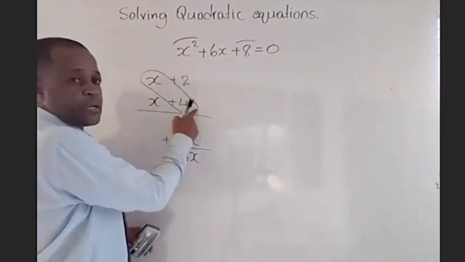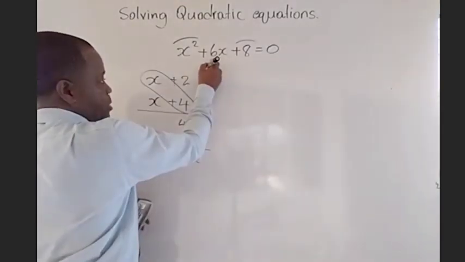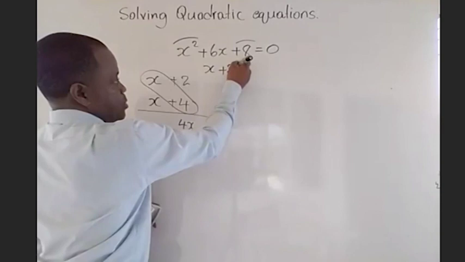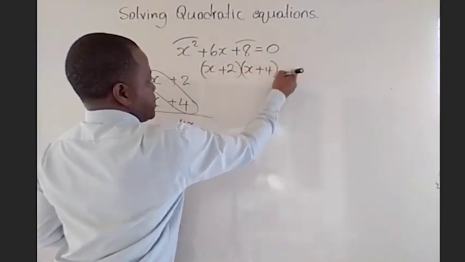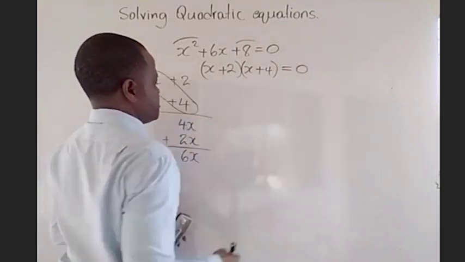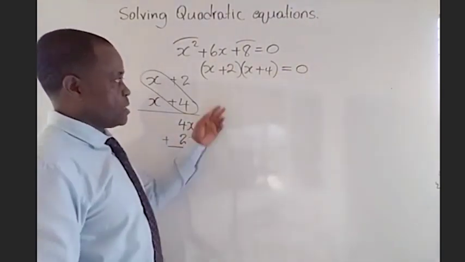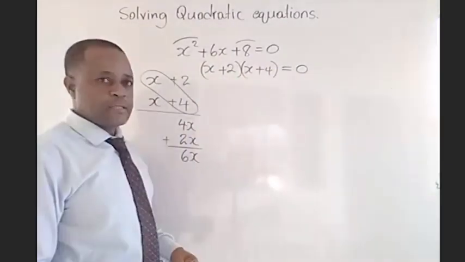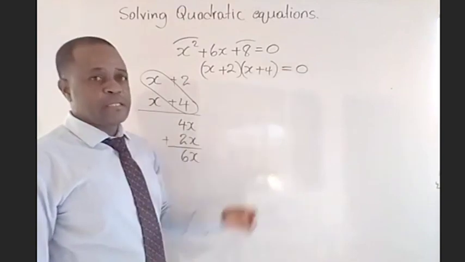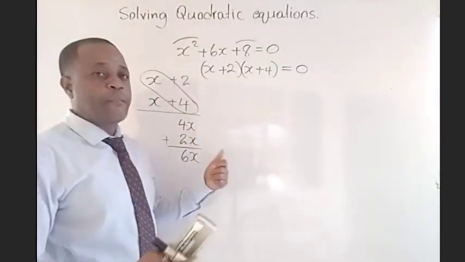Now, the horizontal arrangement, those are my factors. So I'll go back and write it as x plus 2 times x plus 4, and that is equal to 0. From the last class, we would have discovered that when you're multiplying two factors and you end up getting 0 as the answer, then either one of them is going to be equal to 0 or both.